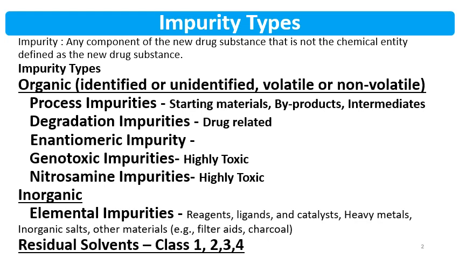So in the introduction we will see what an impurity is. Impurity is any component of the new drug substance or new drug formulation or new drug product that is not the chemical entity defined as the new drug substance or the part of the drug substance in the formulation.